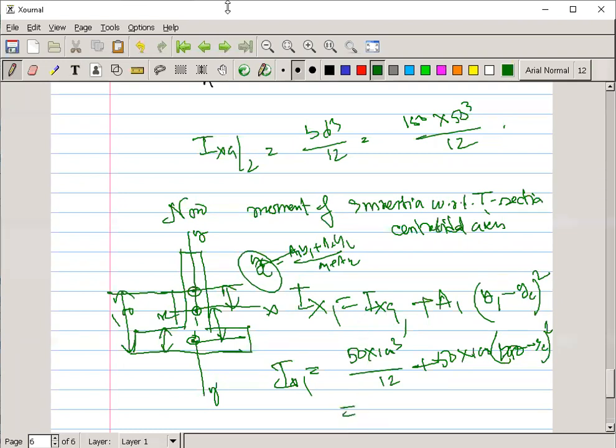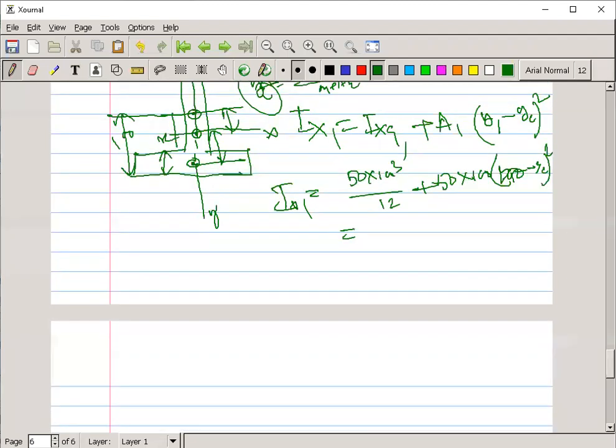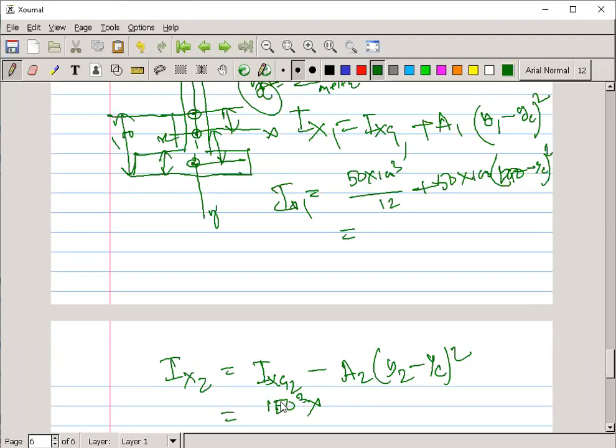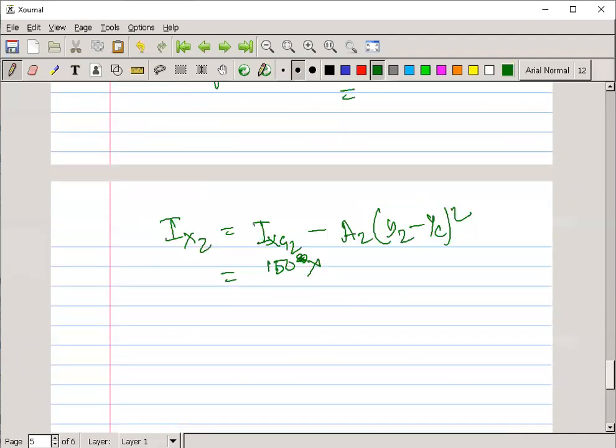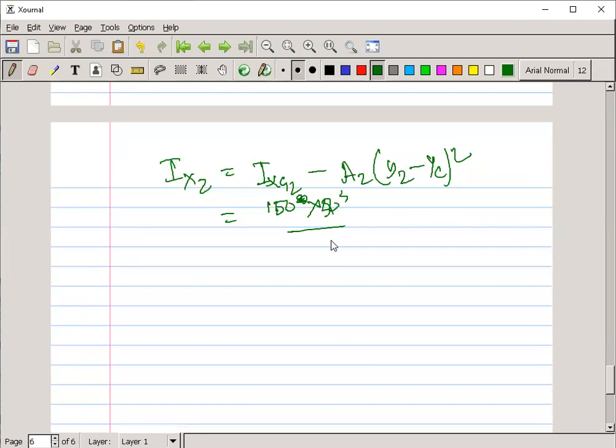Similarly, I of x2 is I of xg2 plus a2 into y2 minus yc whole square, which is 150 into 50 cube by 12, sorry, not minus, this is plus, into 50 into 100 minus yc square.